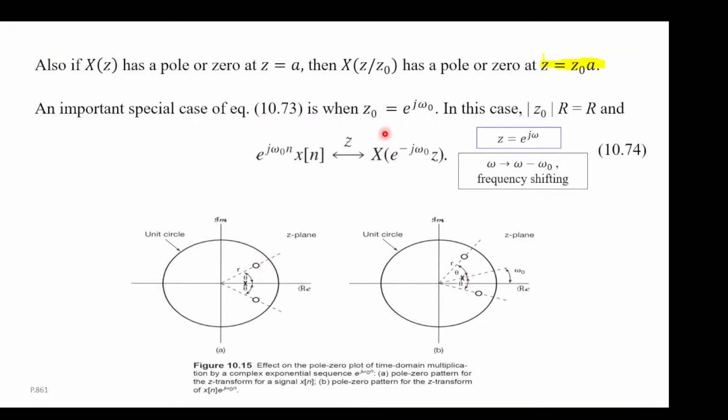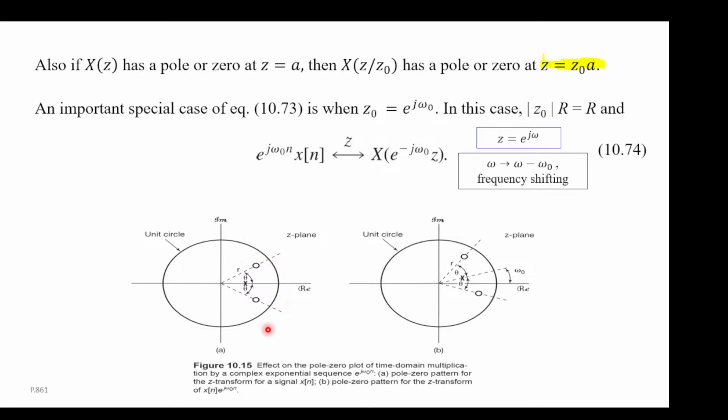Okay, so z0 can be any complex number. If your z0 has unit length, so it's just e to the j omega 0 for some real value omega 0, then it's like you are rotating everything on this z plane by angle omega 0.